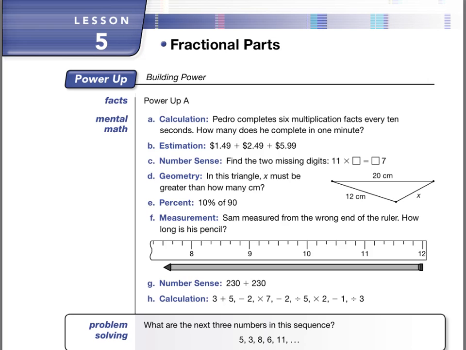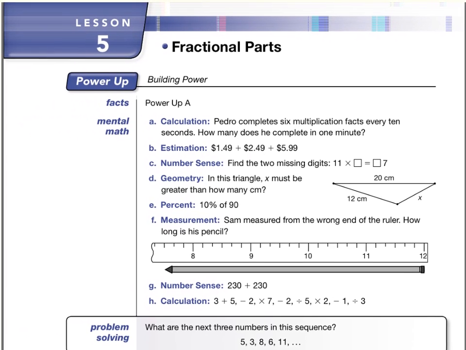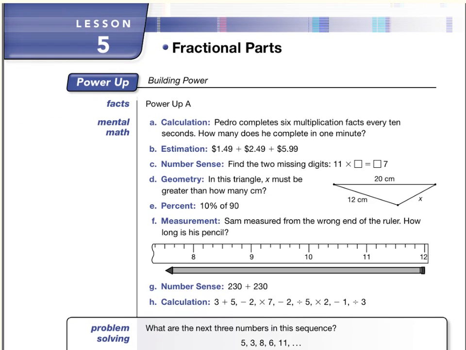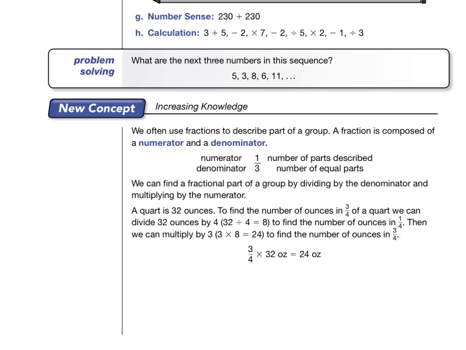All right, here's the title again, Fractional Parts. You have a few words to talk about that you already know. We often use fractions to describe part of a group. A fraction has, as you know, a numerator and a denominator.